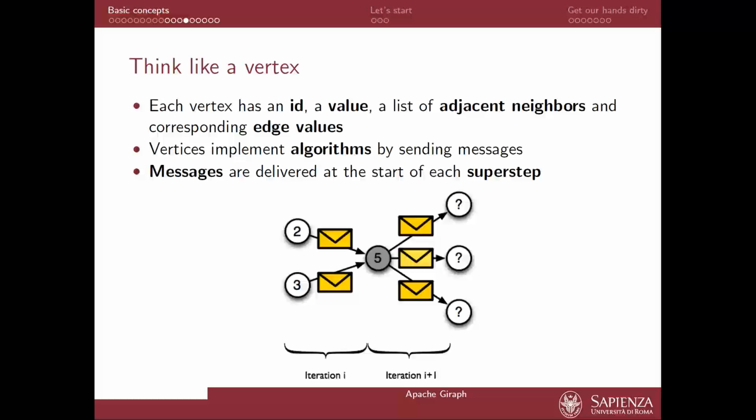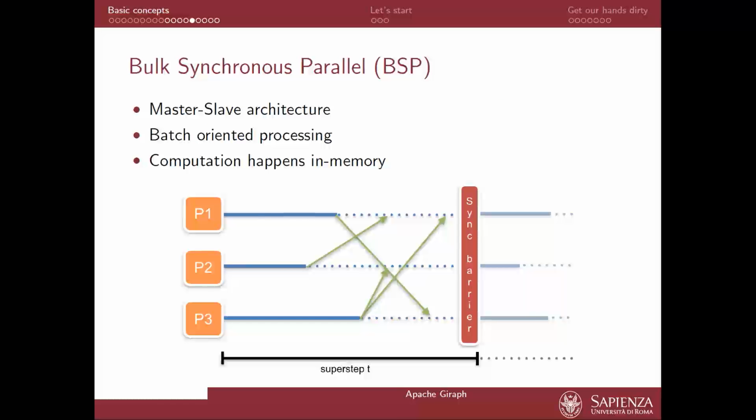Giraph uses the bulk synchronous parallel model. What does it mean? It's a model that rules a distributed system by splitting the dataset into various partitions and assigning each partition to a worker, that can be a single machine, or many workers can be hosted on a machine.